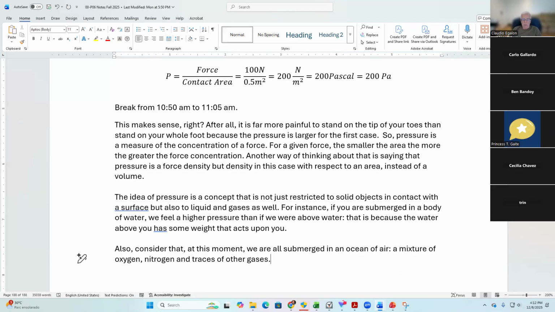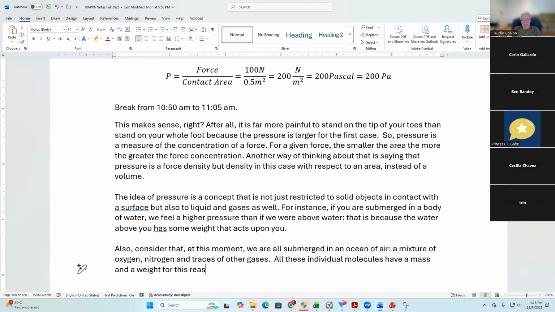So all these gases, all these individual molecules have a mass and a weight.